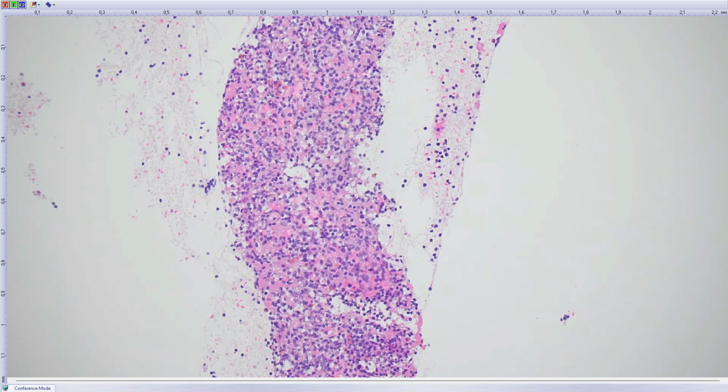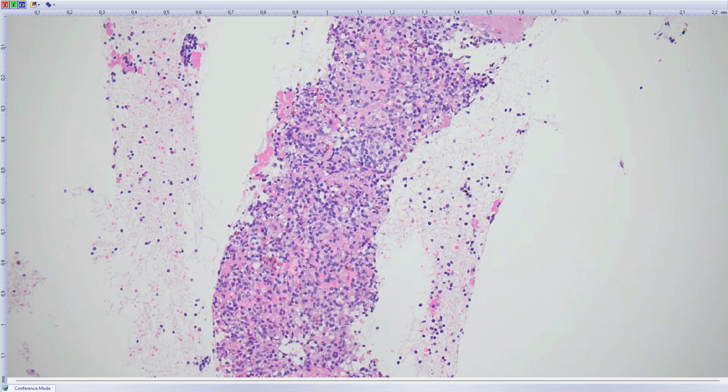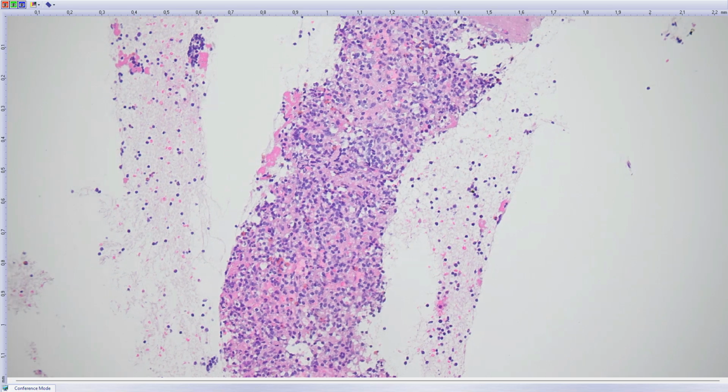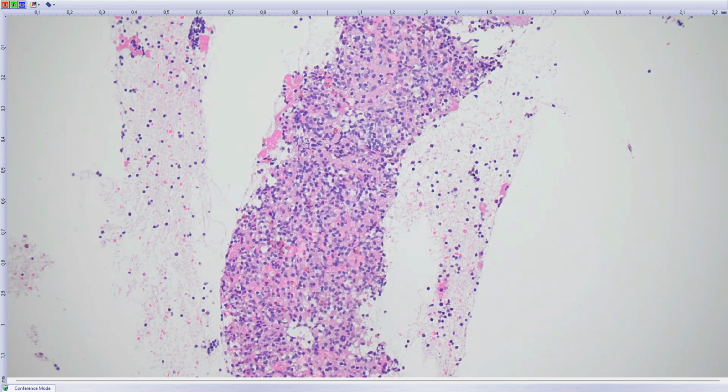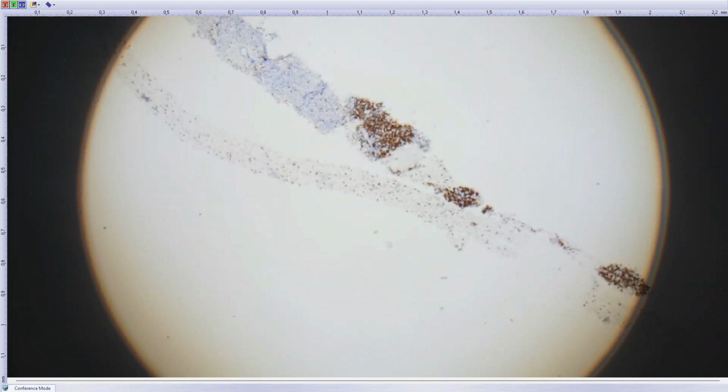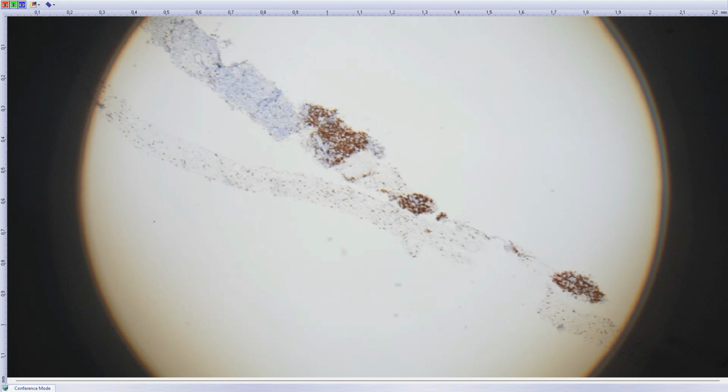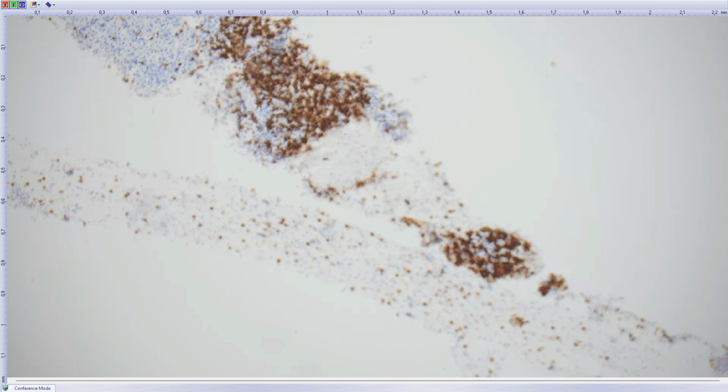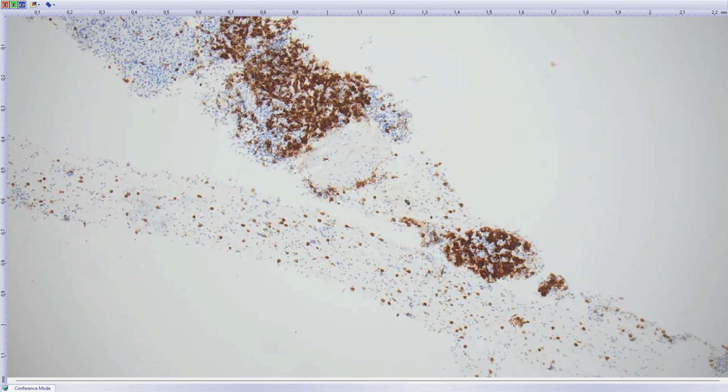So does anyone want to try with an H&E? So it's some kind of lymphoid tissue there, maybe with some sinusoids, which can be nicely highlighted by CD8 staining. So we've got CD8 positive sinusoidal structures there, and it's accessory spleen.